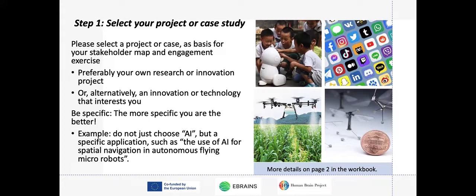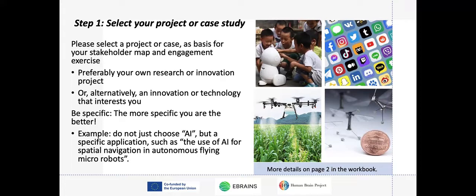Ideally, do not choose a broad technology area, such as biotech or artificial intelligence, but focus on specific applications. For example, the use of AI for spatial navigation in autonomous flying micro robots.